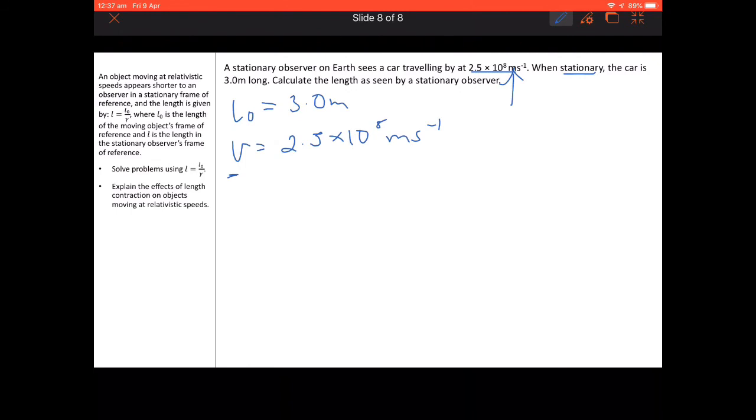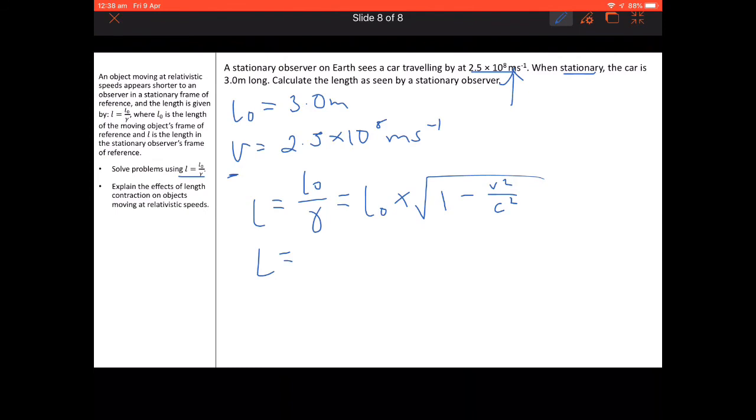We can use this equation here, so L equals, or length in the stationary reference frame equals length in the moving reference frame divided by the Lorentz factor, and that of course will be equal to length in the moving reference frame times the square root of 1 minus relative velocity squared divided by the speed of light squared.